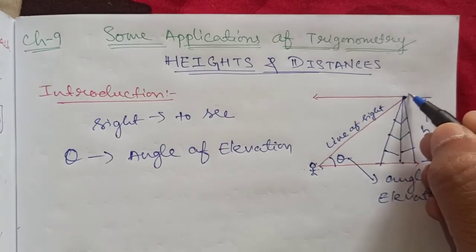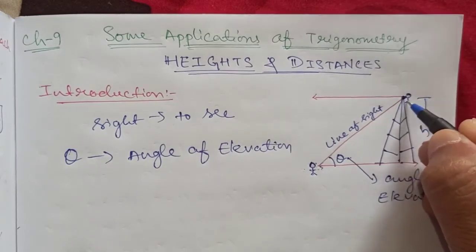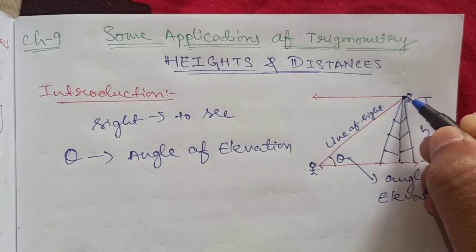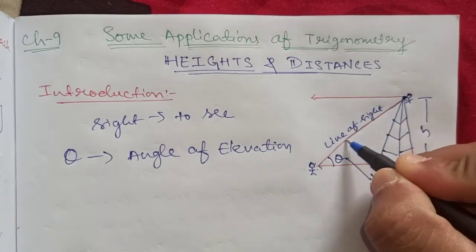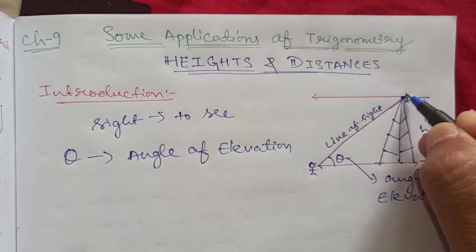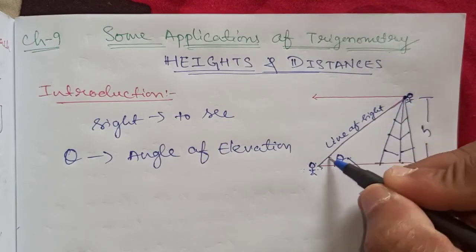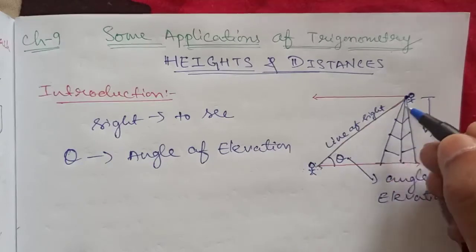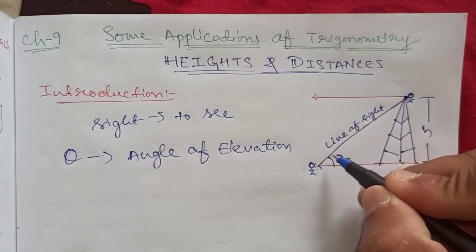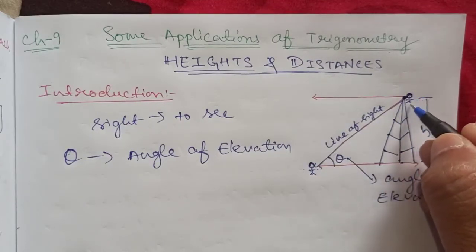Now suppose one more person is sitting on the top of the tower and he is observing you. That means this line is taken as the line of sight for this person.